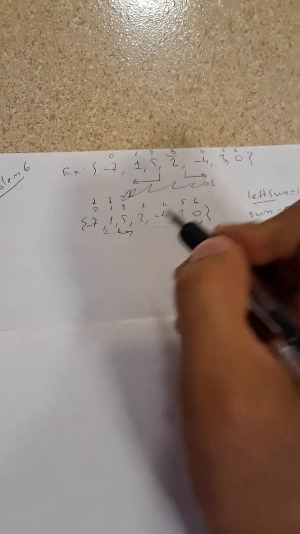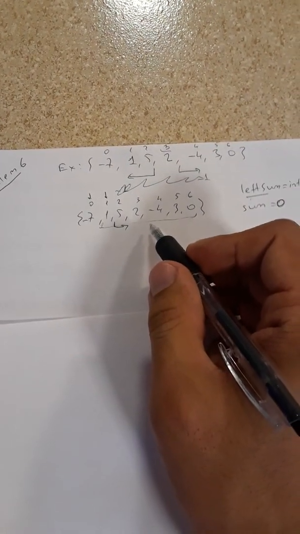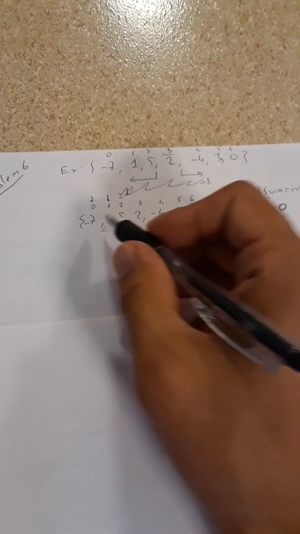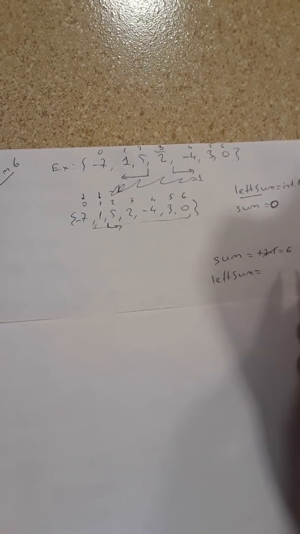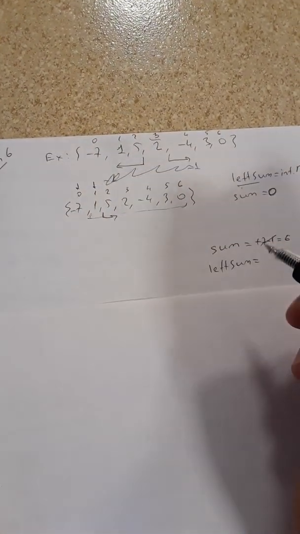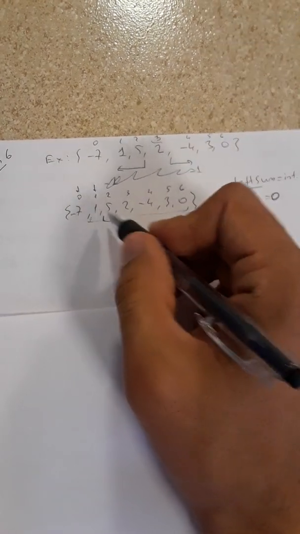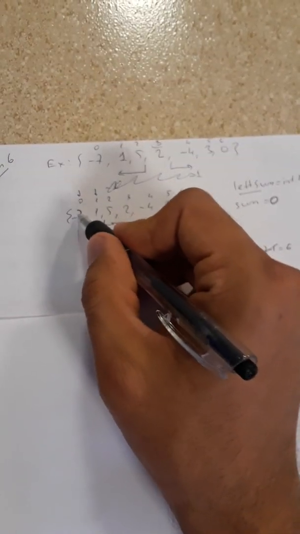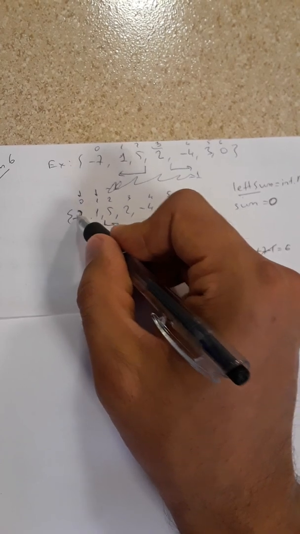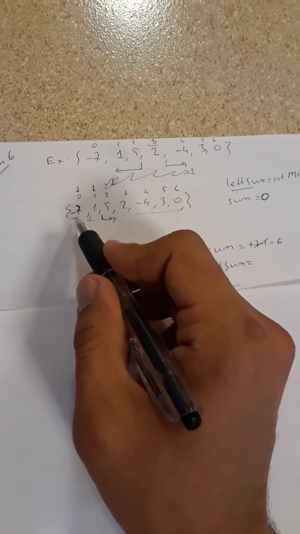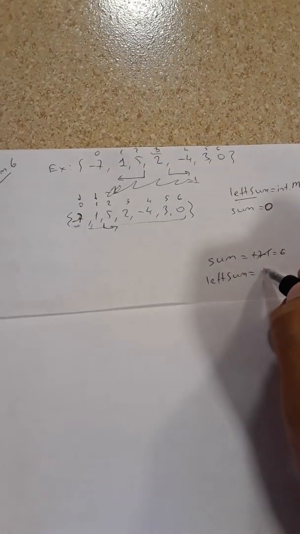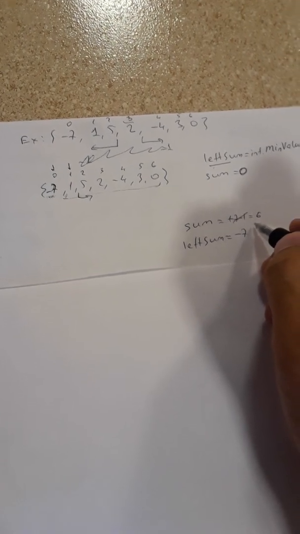After that, we will check all elements to the right. Before that, we're just subtracting 1 from our sum. -1 will make it +6, and then we're adding the element from our left side to our left sum variable, and they're not equal to each other.